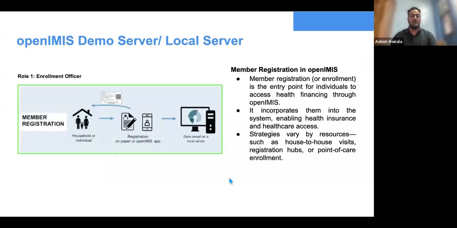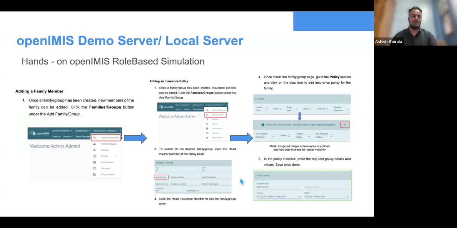act as an enrollment officer, and the member registration, every detail that a person that is trying to do health insurance, needs to be filled by the enrollment officer. And in Nepal, the strategy varies by resources, like house-to-house visits, registration ops, like you can see in the slide there. The enrollment officer takes the person's data and fills the form in the openIMIS platform.